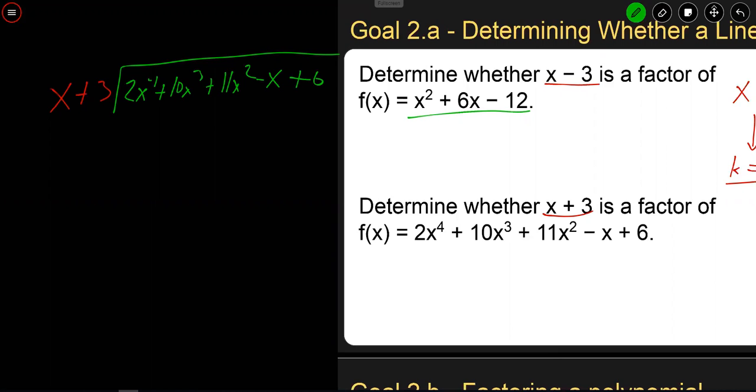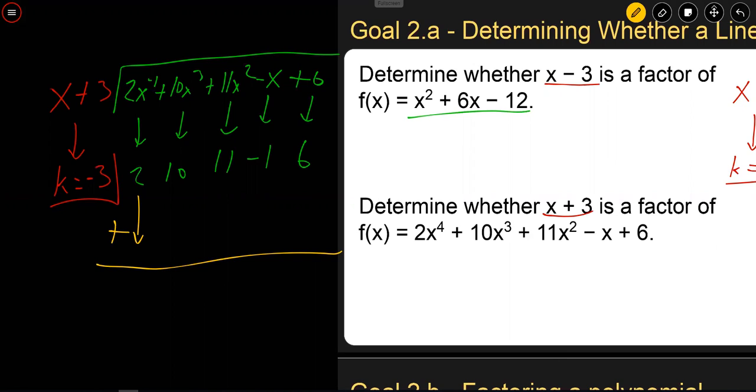Well, I can go through all that work to do long division, but I don't want to do that because I'm lazy. So I'm going to use synthetic division. k equals -3 this time. Bring down all those coefficients, 2, 10, 11, -1, and +6.